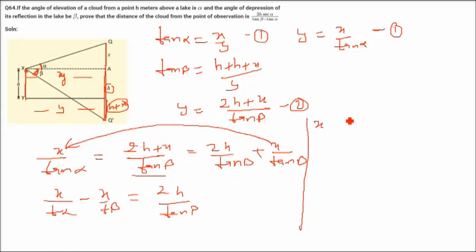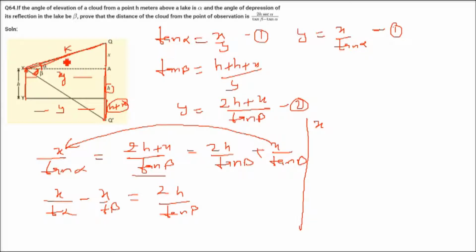We have to prove the distance of the cloud from the point of observation. So I have to eliminate x and get 2h. Now we have to find this distance, so let me take it as some k.